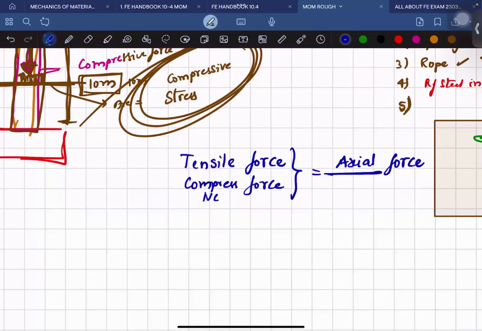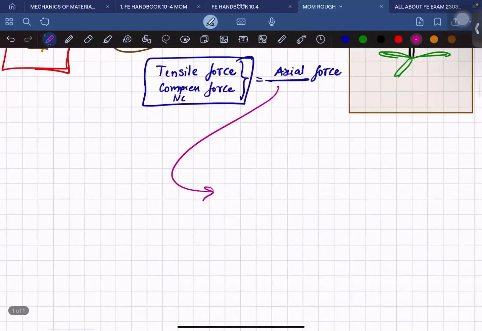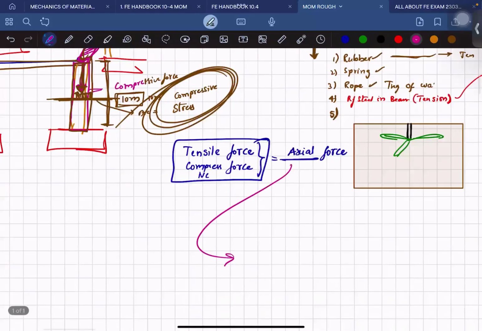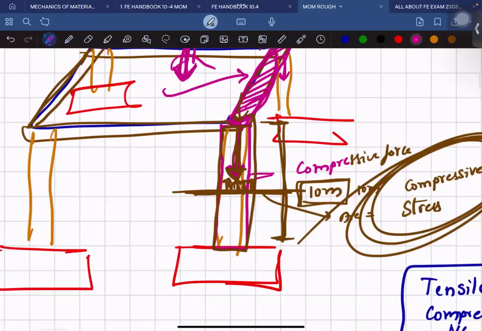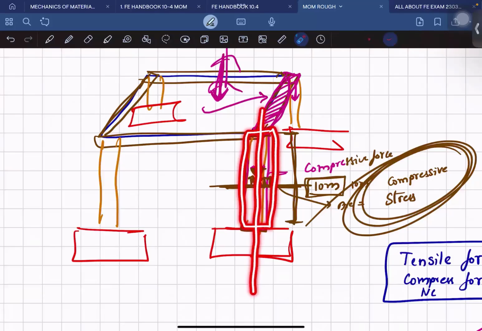Why do we call them axial forces? Any guess? It's just English. Tell me. Because the force moves along the axis. Yes, perfect. Even if I give this example where we have taken a column, it has some axis passing through its body, and the load is passing parallel to this, or even through the axis.